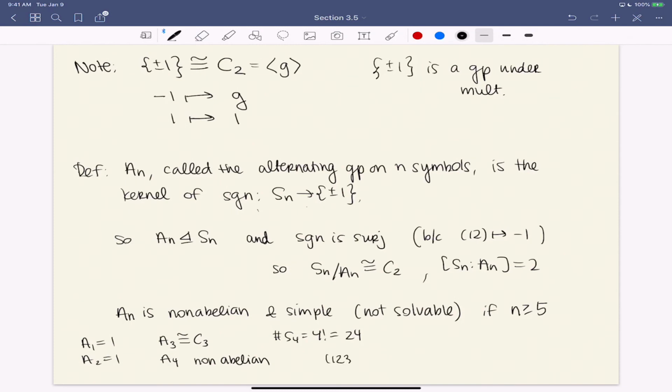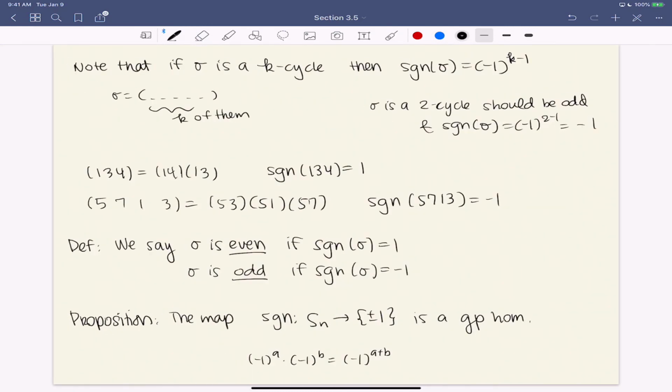Like it contains (1 2 3) and (2 3 4), for example, and these two don't commute, so it's not abelian. But it's not simple. So those are fun facts. And that's all I really want to say at this juncture about the sign and transpositions, the alternating group. But I am sure that as we learn more things, they'll come up again.